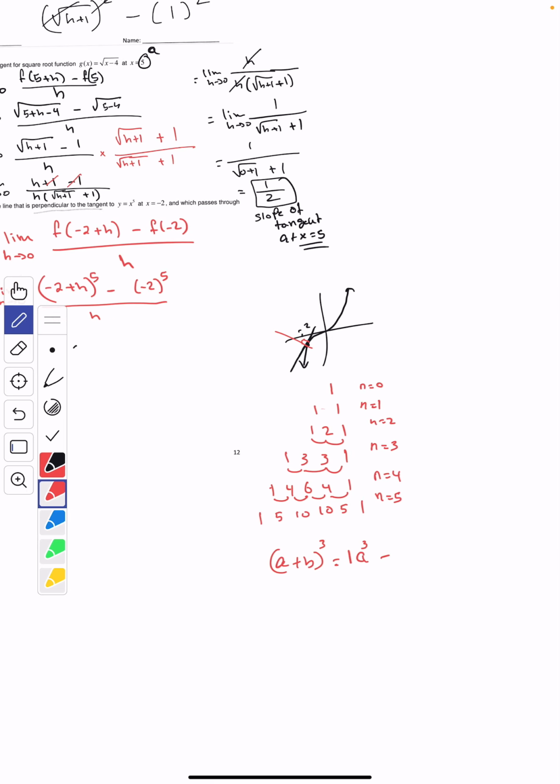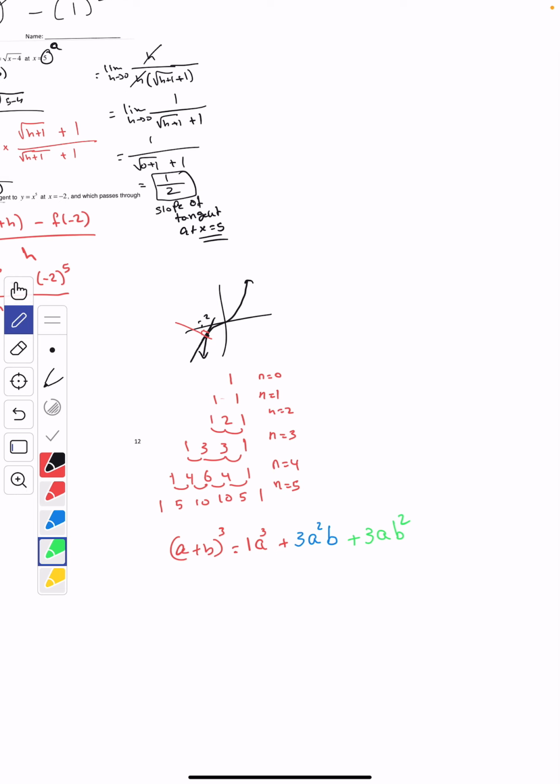Then for the second term, your coefficient is going to be 3, and that's going to have a squared, and then b to the power of 1, which we just leave as b. Then again your coefficient is 3, and a is going to reduce by 1, so that's a to the power of 1, and the degree of b is going to increase by 1.